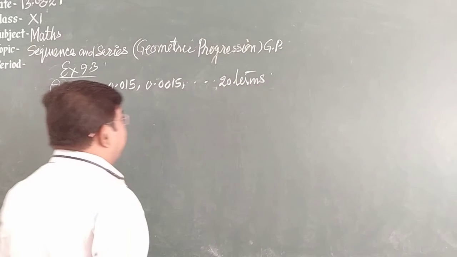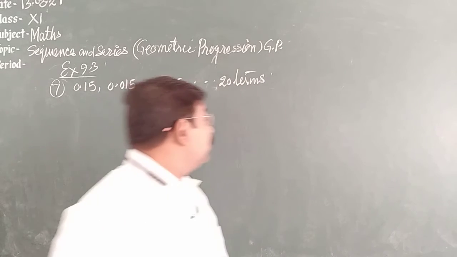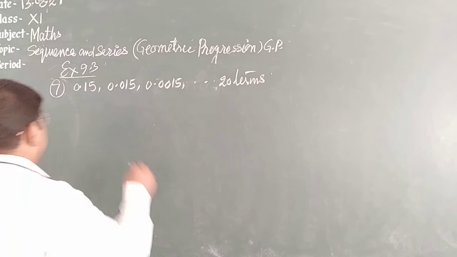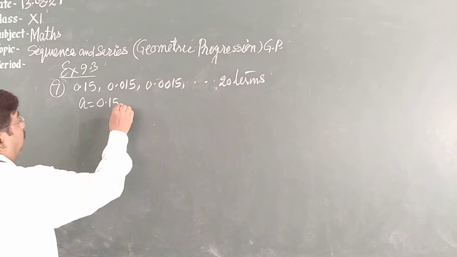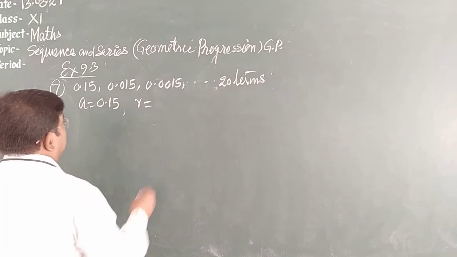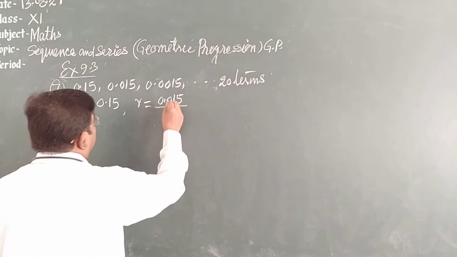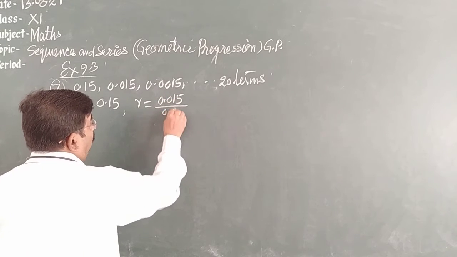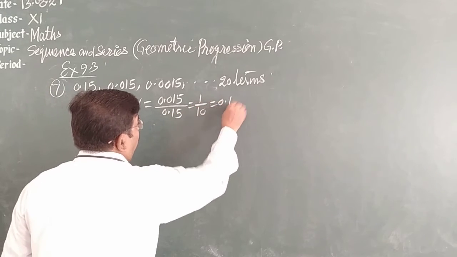Means we have to find the sum of this sequence up to 20 terms. So let's see, we are given a is equal to 0.15, r is equal to 0.015 upon 0.15, this becomes 1 upon 10 or 0.1 also.